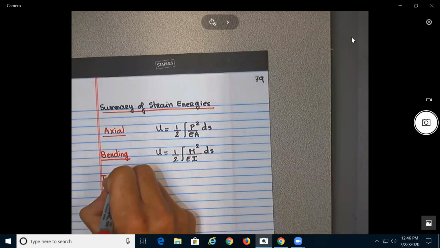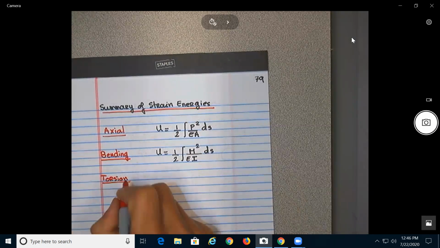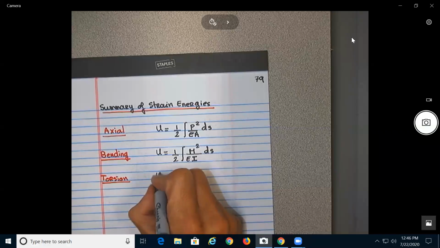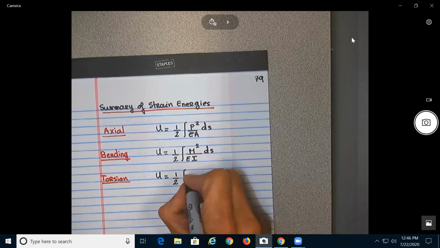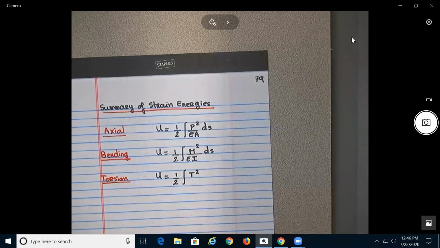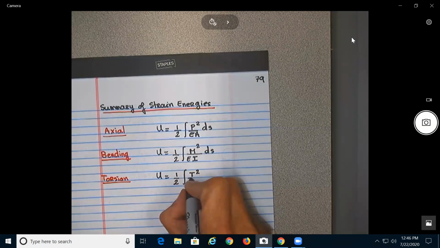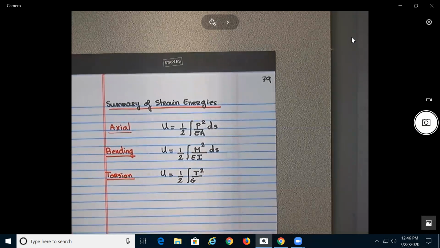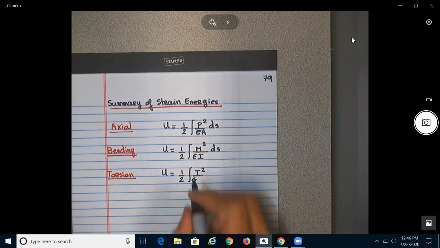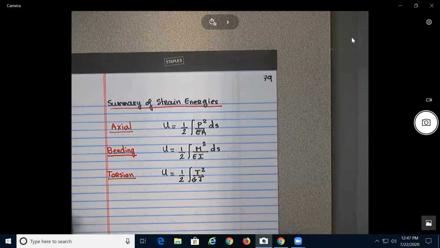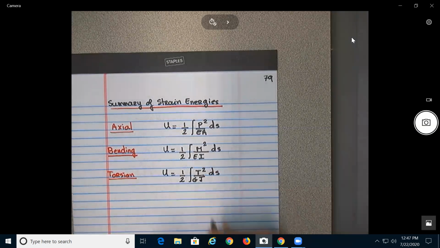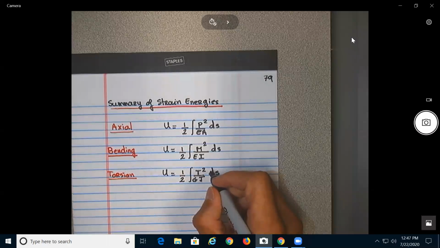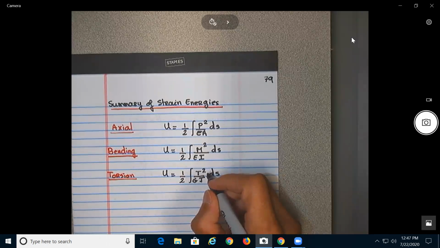Third one, torsion. What is the loading? The torque, T. Now, G is related to the material, and J is related to resist the torsion. And again, then we had ds. Did we have ds or dx here on this one? I think we had dx, no? I changed the notation. I think it's, yeah, dx. So put here x.